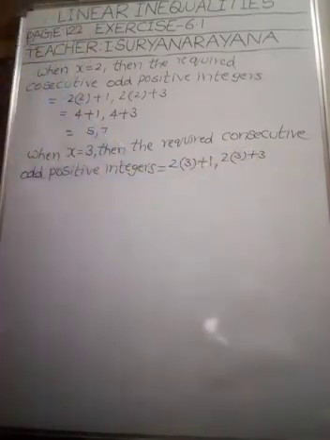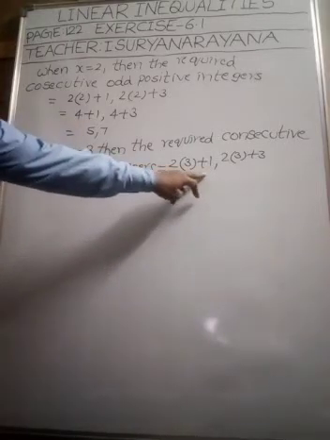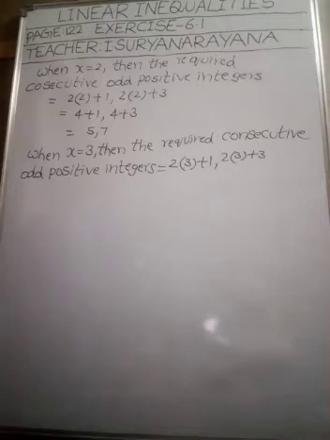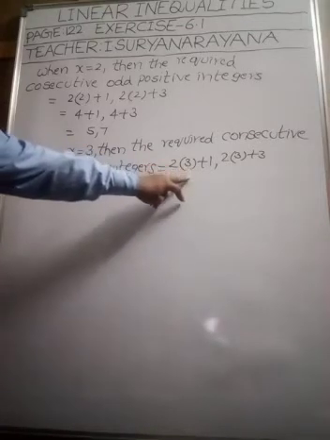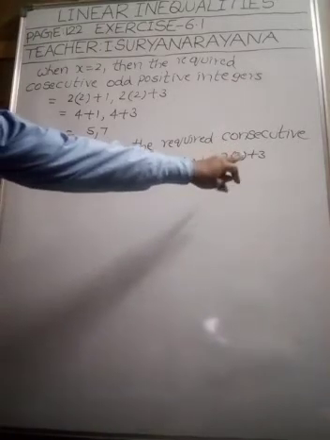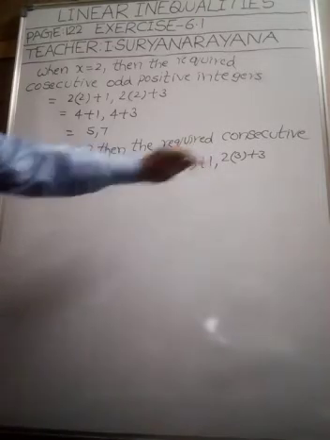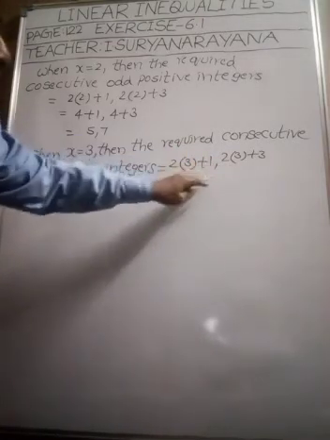We are substituting the value of x in the expressions 2x plus 1, 2x plus 3. At the beginning of this question, we assumed that the two consecutive integers are 2x plus 1 and 2x plus 3. So in those expressions, we are substituting x is equal to 3. Then we got these two numbers.